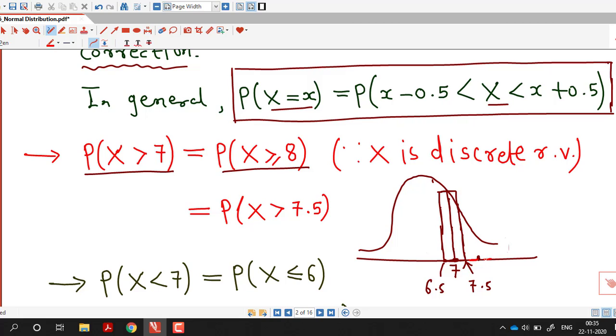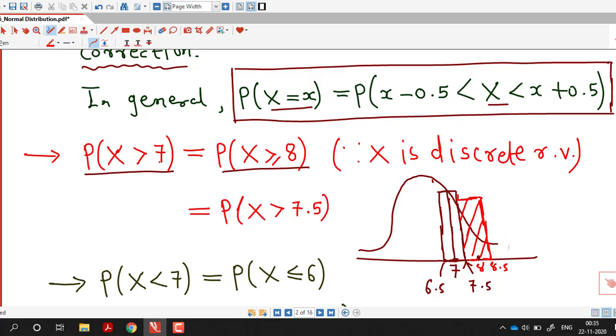This is 0.5 and this is 0.5. Suppose this area is for X equal to 8. This point is 8, this point is 8.5. So this rectangle is for X equal to 8, and this one is for X equal to 7.